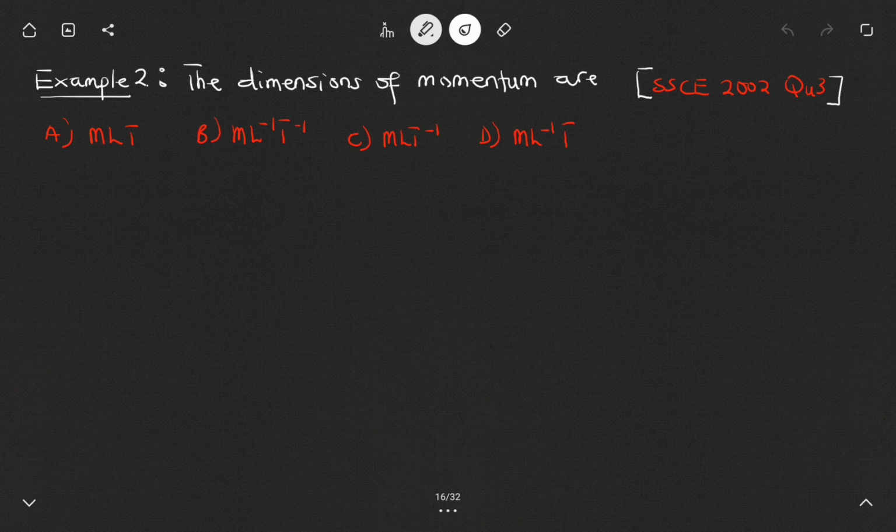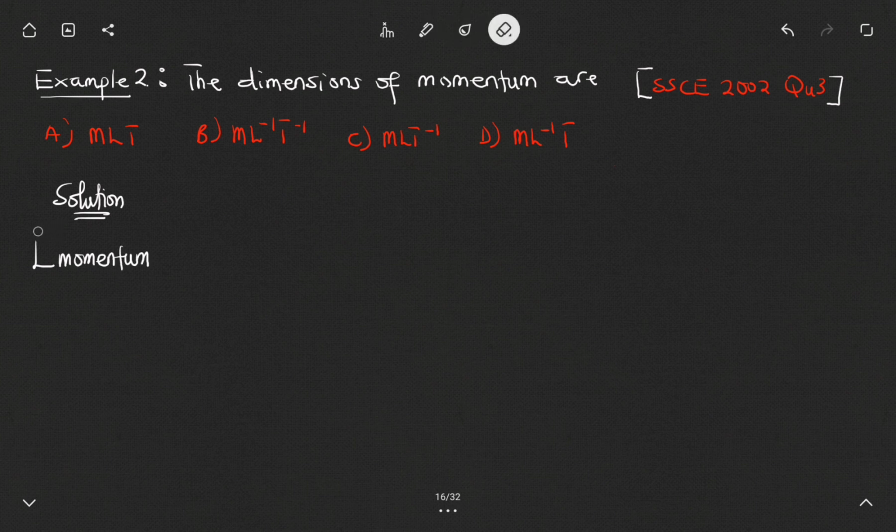So let's look at the dimension for momentum. Solution. Momentum is given mathematically as the product of mass and velocity.